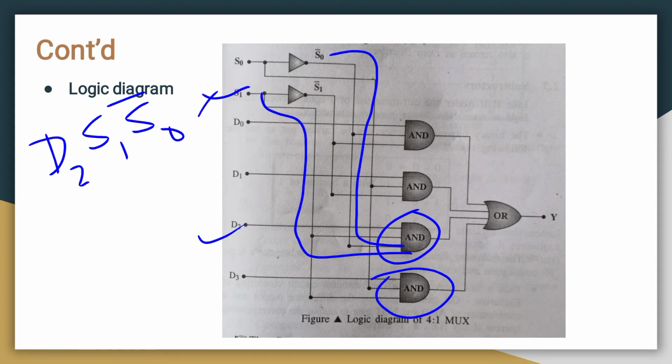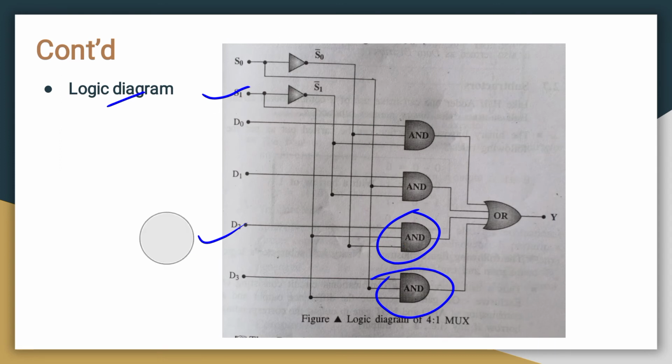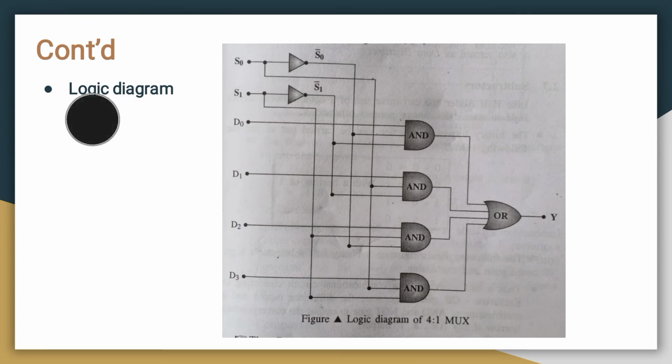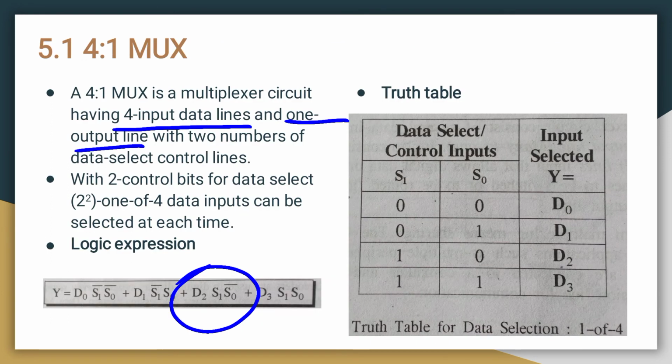When all three are finished, we have to connect those expressions. In the connectivity, we have the plus between these expressions, which is nothing but the OR gate.